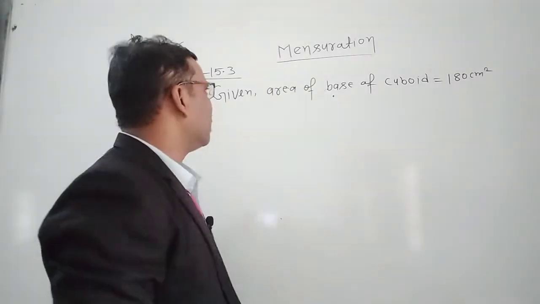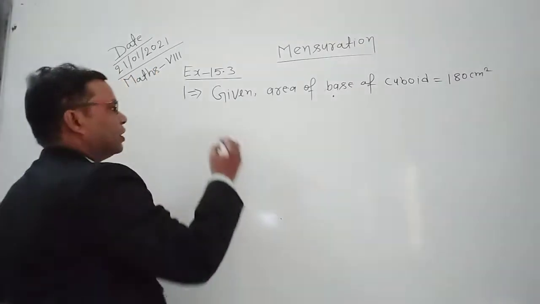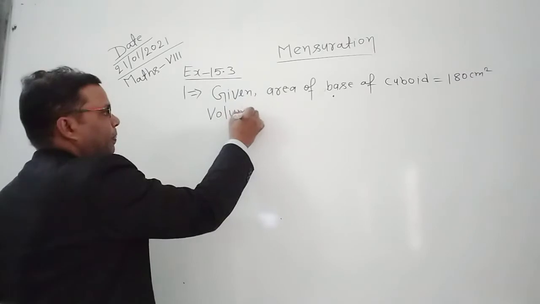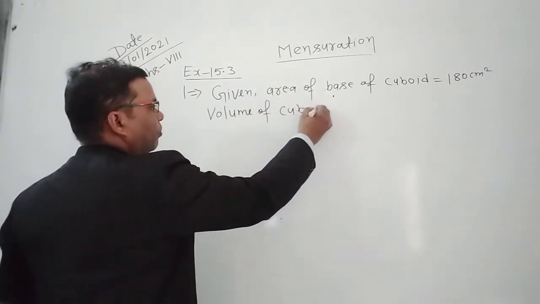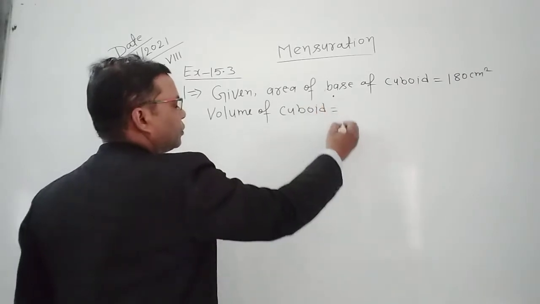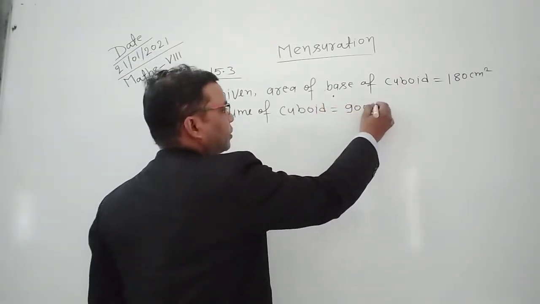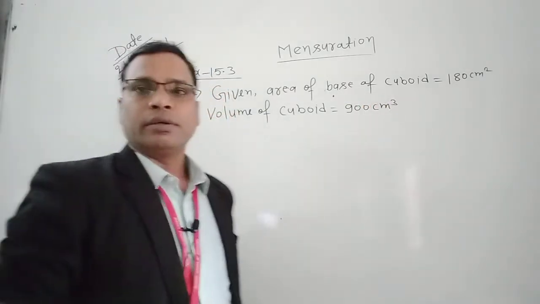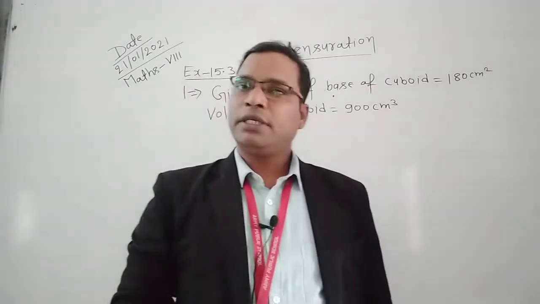Now, next, what is given? Volume of cuboid is also given. Volume of cuboid is equal to 900 centimeter cube.